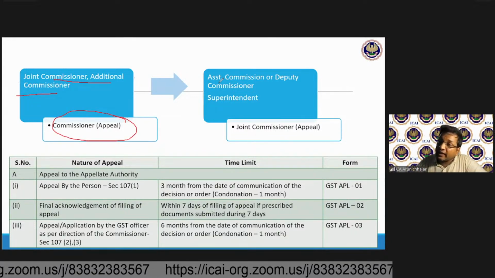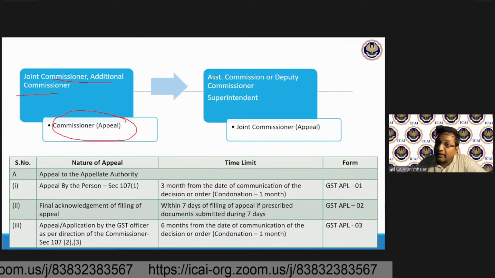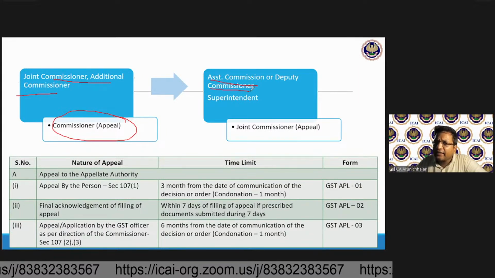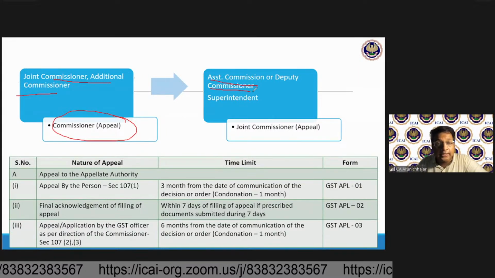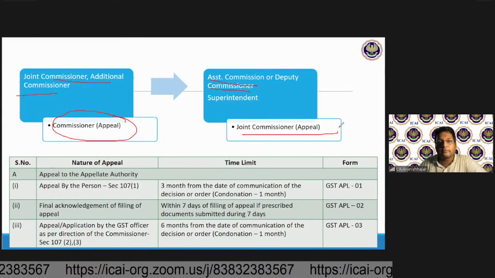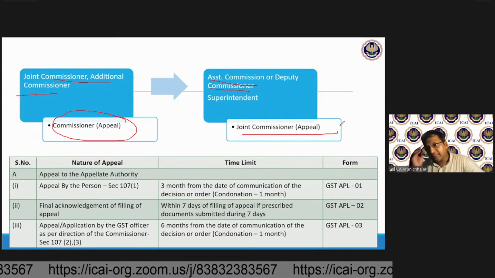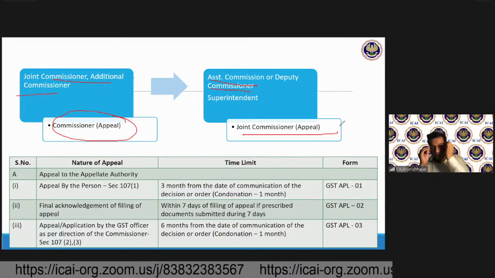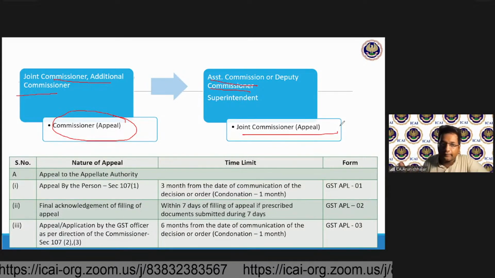But if the order has been passed by the assistant commissioner, superintendent, deputy commissioner, etc., then the first appeal would lie to the joint commissioner. The second appeal would always be with the appellate tribunal only.